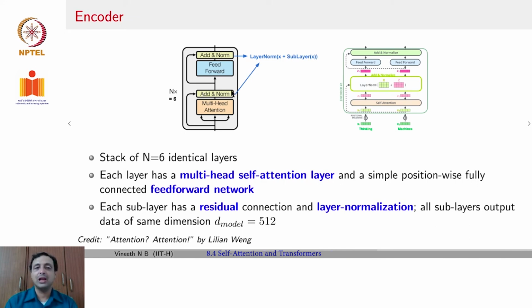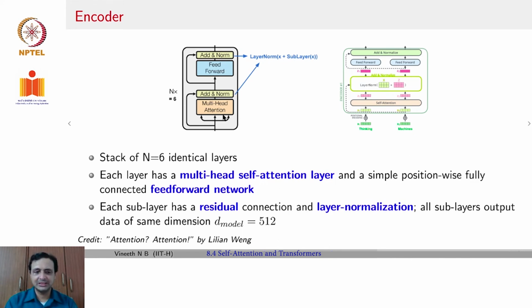There you add and normalize the Z output that you get out of multi-head attention and the X plus P input, that's X plus positional encoding input that you get before the multi-head attention. You would add them, normalize them, that is fed into a feed-forward network, once again adding and normalizing, and that is the output of one encoder module. You would have six such encoder modules in this transformer architecture.